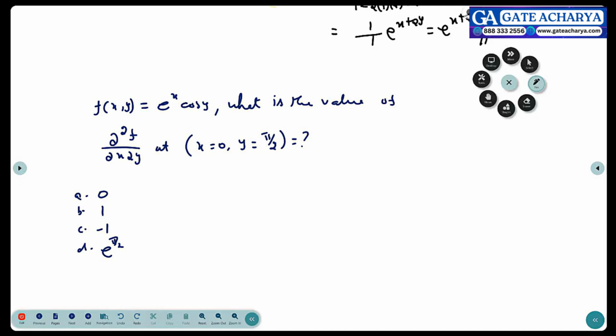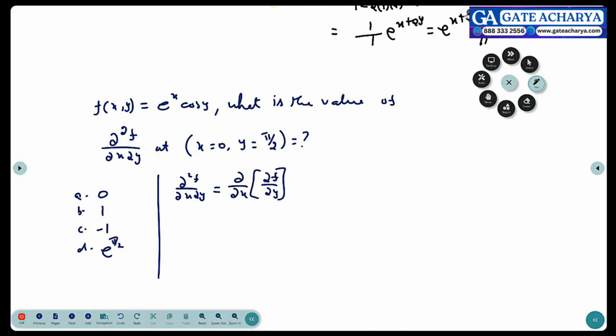This is a GATE 2024 question, last year's question. Say f of x comma y is e power x cos y. What is dou square f by dou x dou y? How can you write this? Dou by dou x into dou f by dou y.